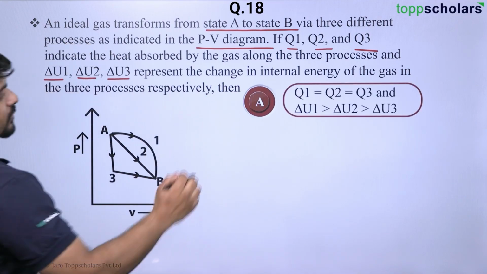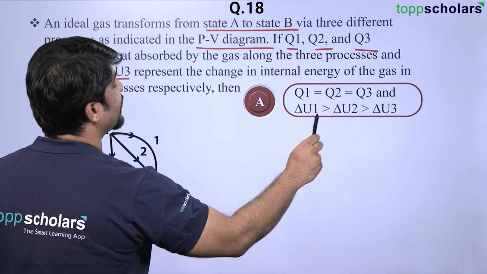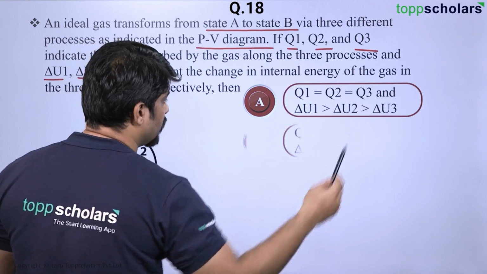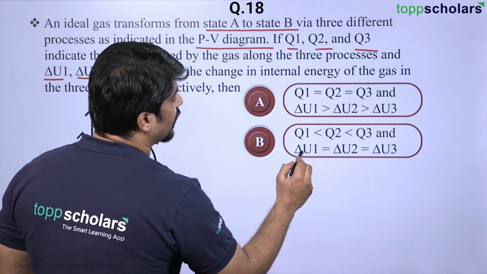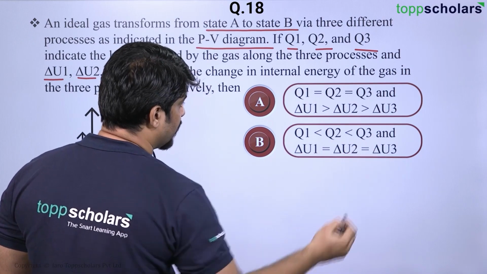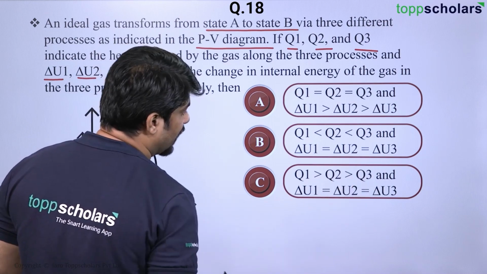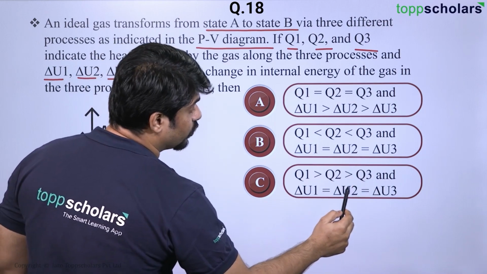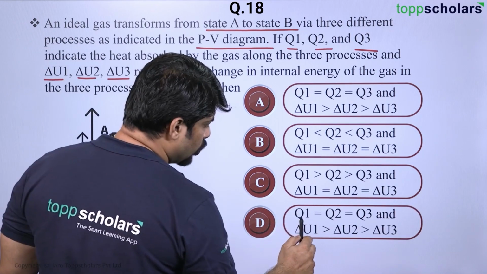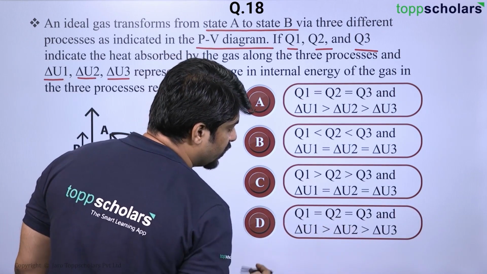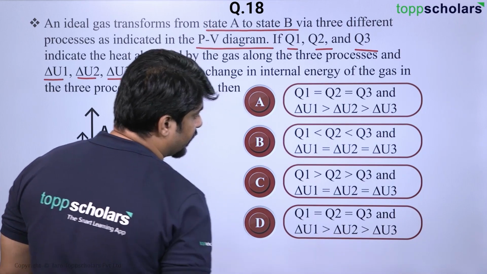Option A: Q1 equals Q2 equals Q3, and delta U1 is greater than delta U2 greater than delta U3. Option B: Q1 is less than Q2 less than Q3, and delta U1 equals delta U2 plus delta U3. Option C: Q1 is greater than Q2 greater than Q3, and delta U1 equals delta U2 equals delta U3. And the last one is Q1 equals Q2 equals Q3, and delta U1 greater than delta U2 greater than delta U3.